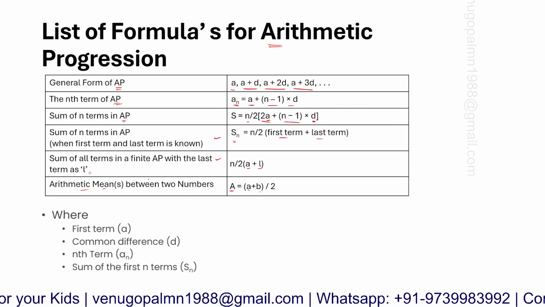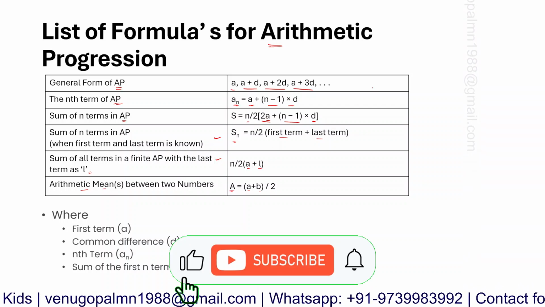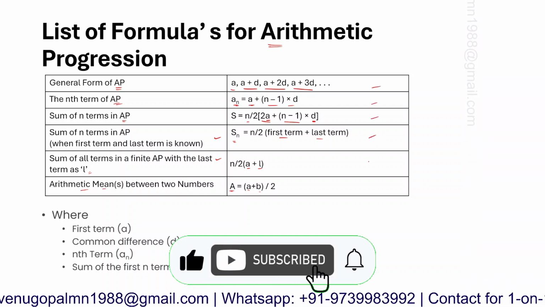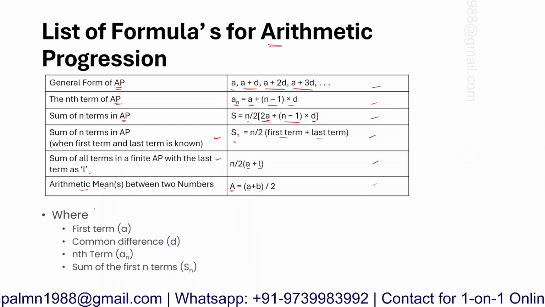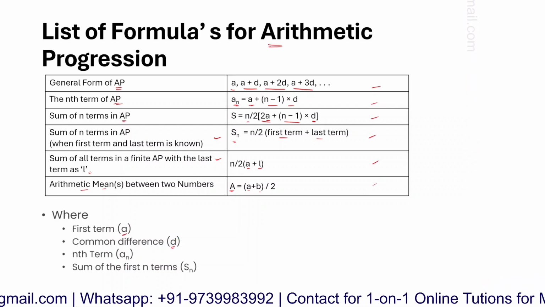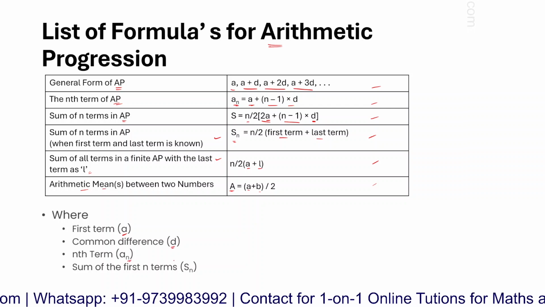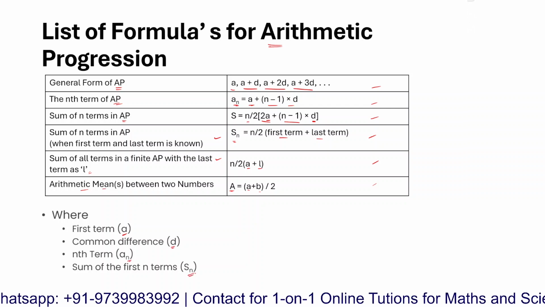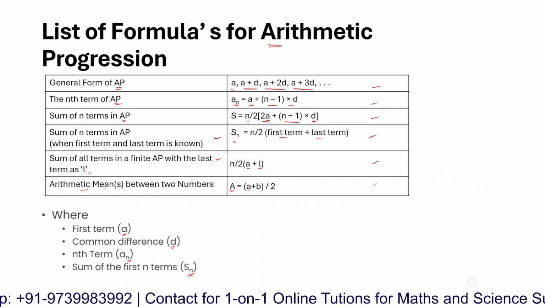So in all the above formulas, the first term we have termed as a, the common difference is termed as d, the nth term is termed as a of n, and the sum of n terms is denoted as S of n.